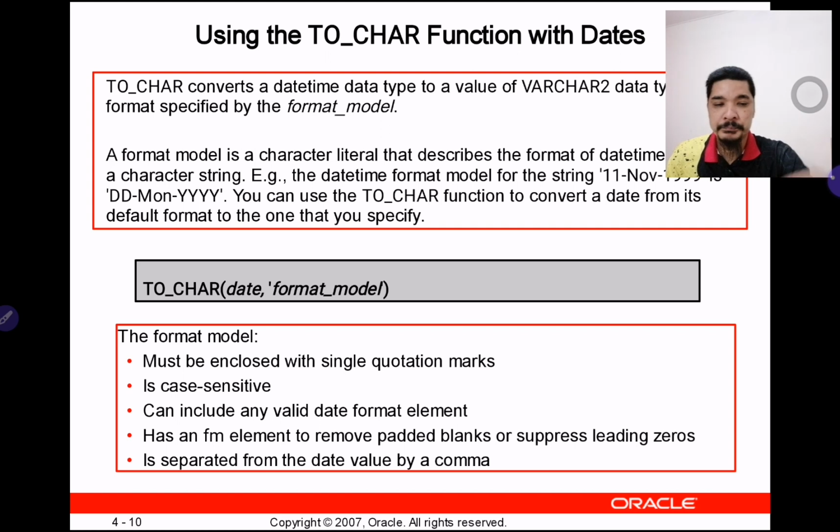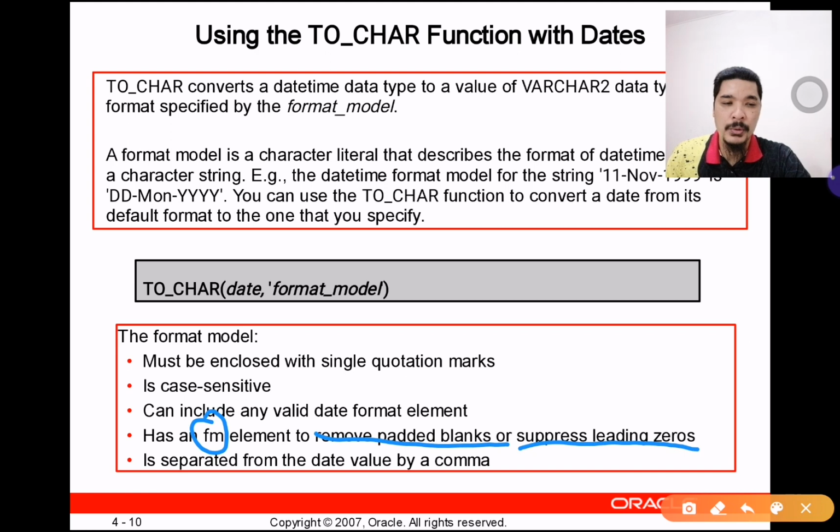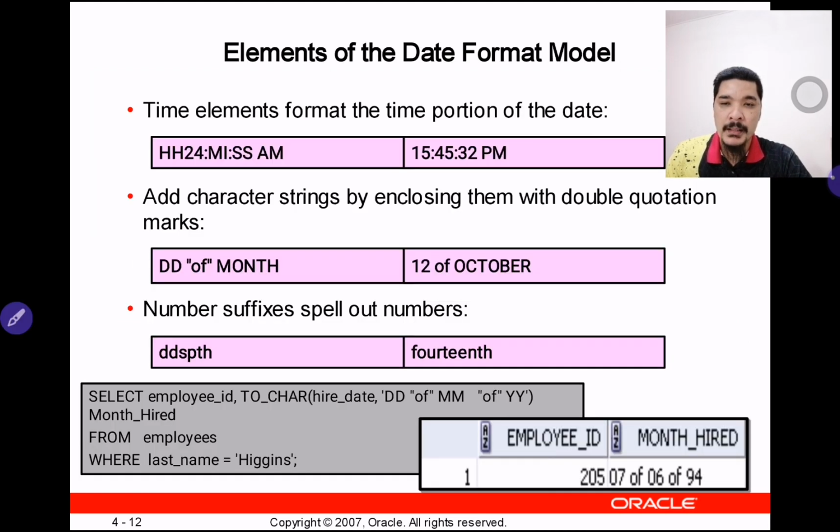Okay, this one. It has an FM element to remove padded blank or suppress leading zero. To remove padded blank or suppress leading zero. Okay, what does it mean?